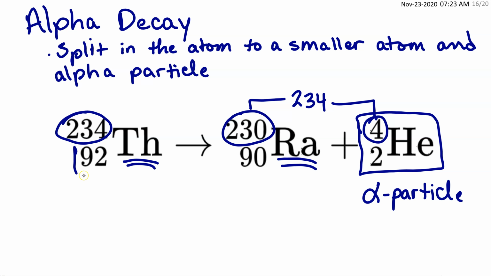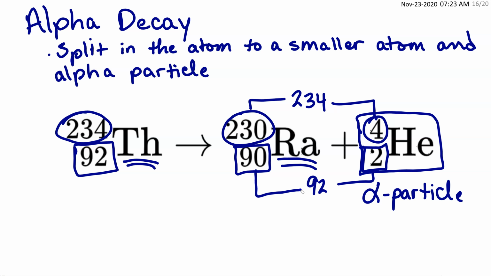The same is true of the atomic numbers. We start with 92 as our atomic number, and we end with 92. So when we predict these later, we have to remember that the atomic number on one side balances the atomic number on the other side.